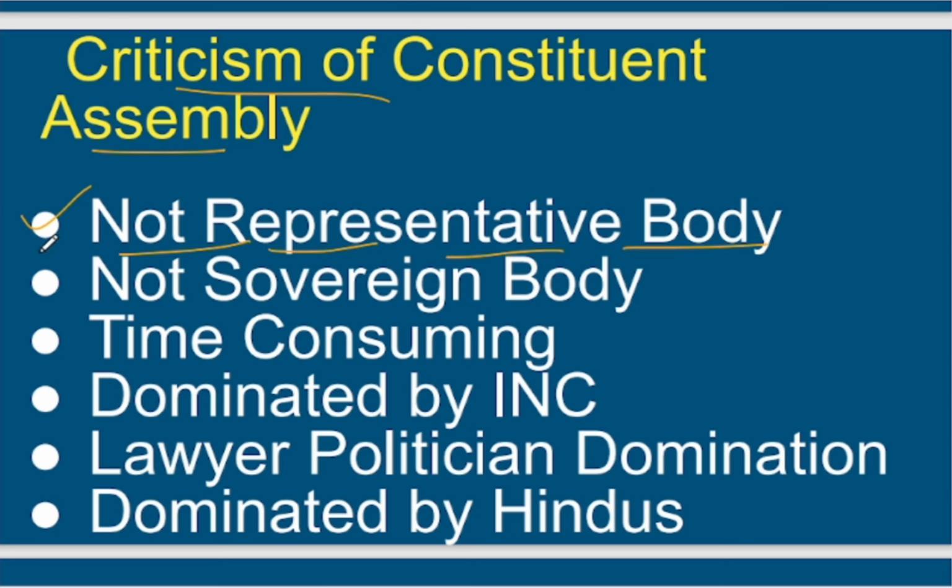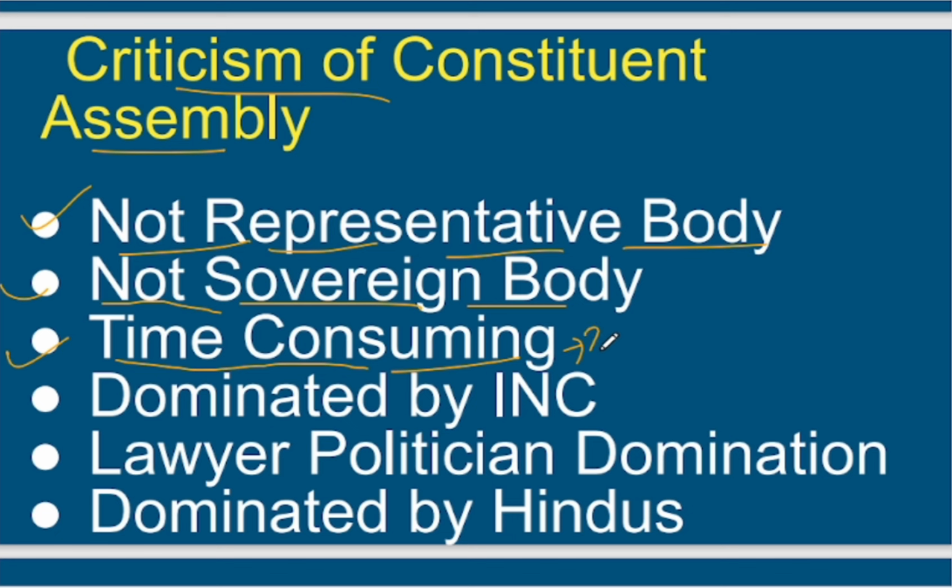Then some also say that it is not a sovereign body, since this provision itself was given by the British through the Indian Independence Act 1947. It is also criticized for the fact that it consumed a lot of time.